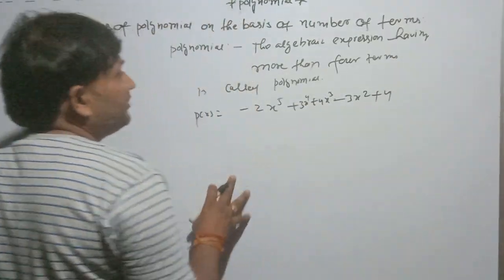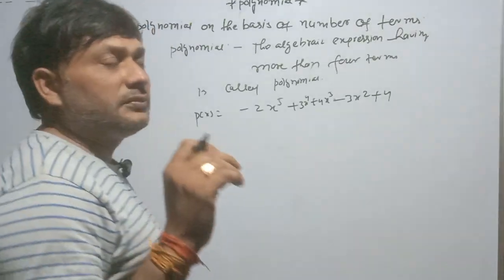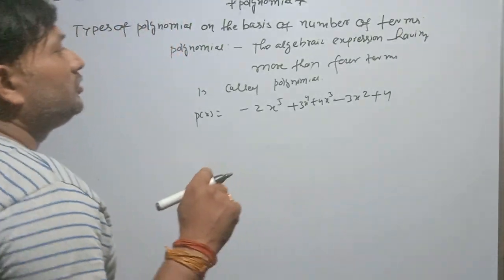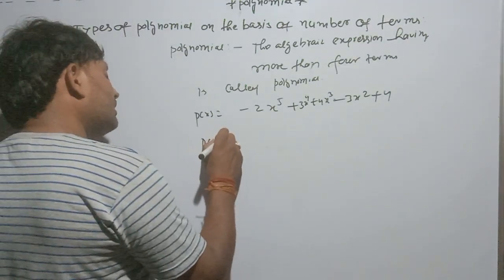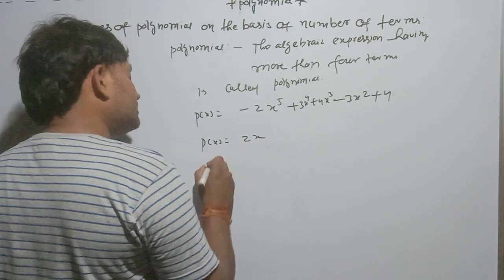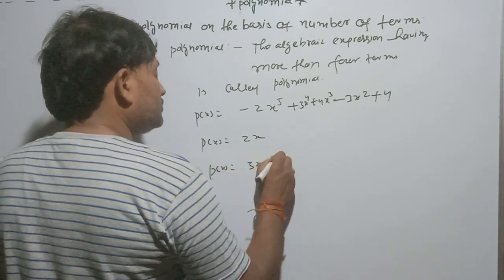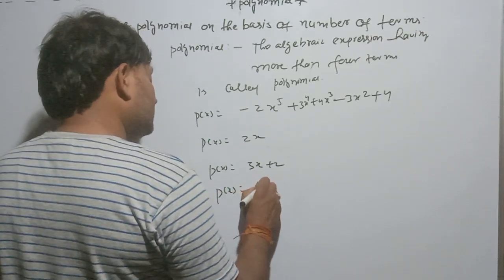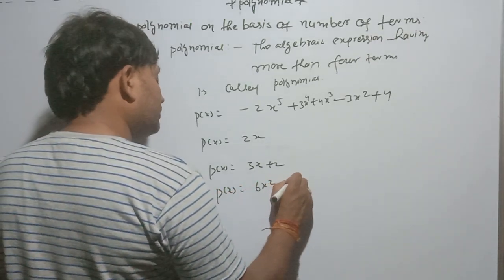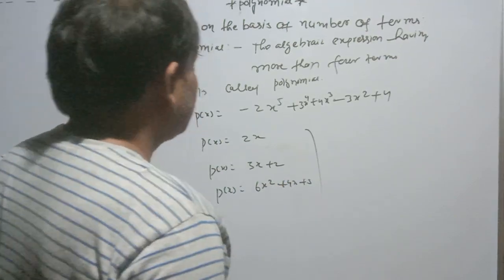Okay, so actually we have to discuss polynomials on the basis of the terms, but you have heard that this is also a polynomial. p = 2x is also a polynomial. 3x plus 2 is also a polynomial. 6x square plus 4x plus 3. Everything is a polynomial. Why?